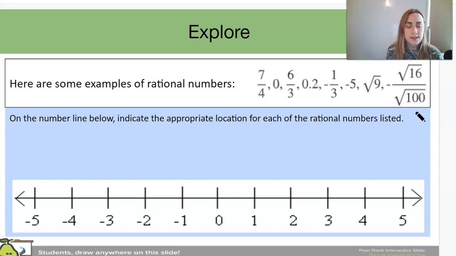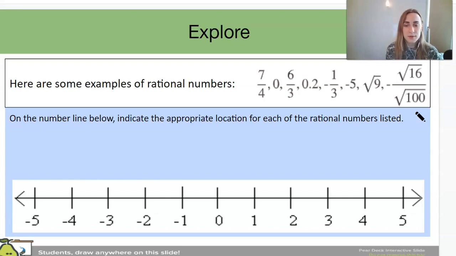So we have 7/4, 0, 6/3, 2/10, -1/3, -5, the square root of 9, and then we have negative the square root of 16 over the square root of 100.